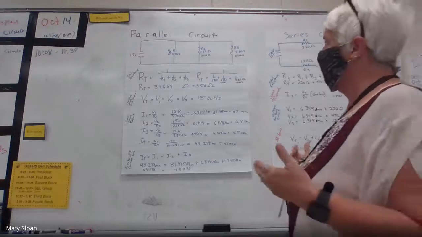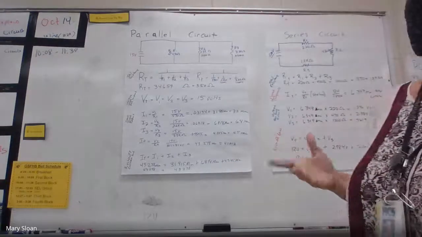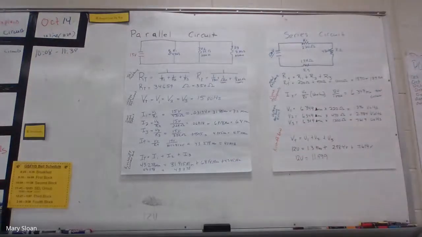So the first thing I would like you to do is get your calculator function on your computer, please. So get your computer. Open it up to your calculator. We're going to do this step by step together to make sure you know how to do this on your calculator.